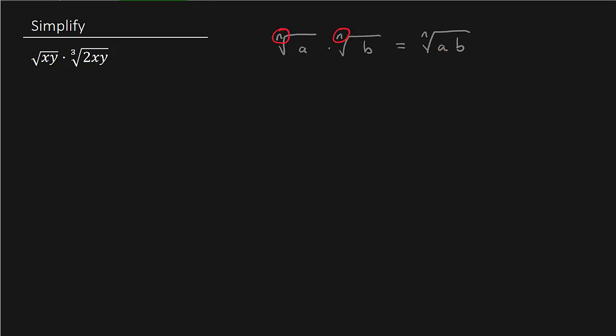And then we have some more properties that says a to the m over n is equal to the nth root of a, all that raised to the m, or you can write it like this, the nth root of a to the m.